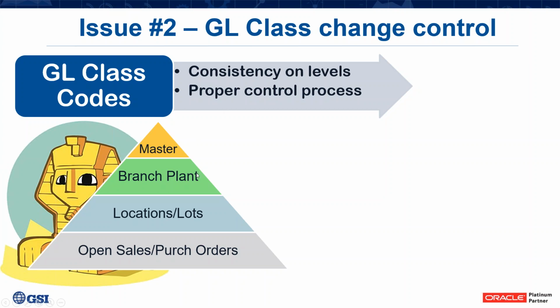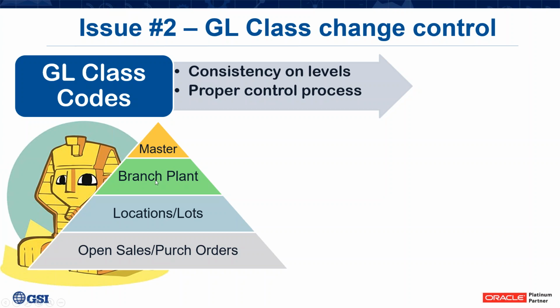So you can see where a geo class code lives, and for one item, how it can spread into multiple locations within your system. So if I have one item and I have, let's say, 4 branch plants, that's 5 geo class codes. Okay, and let's just say I have 2 locations for every branch, right?